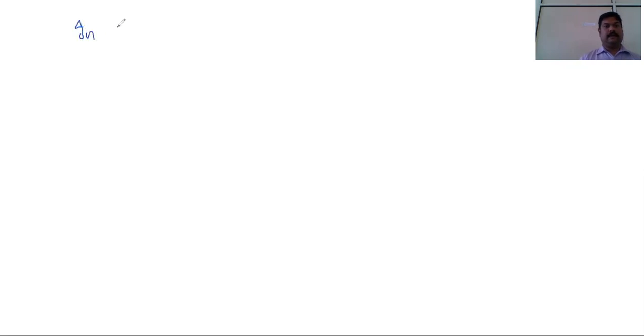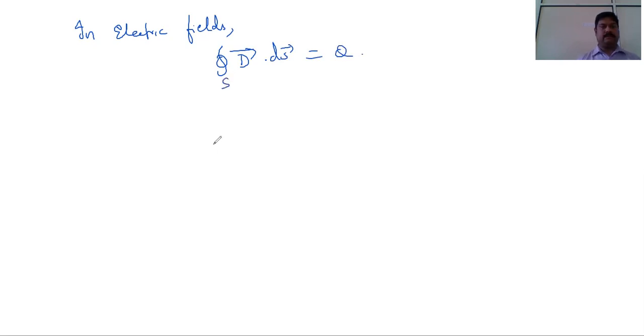In electric fields, we saw Gauss law: surface integral D dot ds equal to Q. Now here we have an isolated charge Q. But do we have any isolated north pole or south pole? No, we don't have.